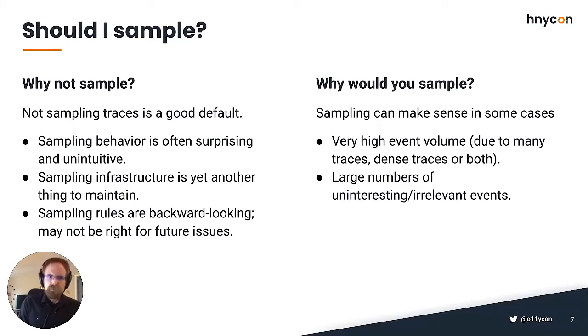Sampling infrastructure, if sampling is implemented outside of your application, is yet another thing for your team to maintain. This is maybe less of an issue for very large companies who have infrastructure teams who focus on this 100% of the time. I think it's always an issue, like having to maintain things just requires time from people, and no matter how large your organization is, that isn't something you should commit to without thinking about it.